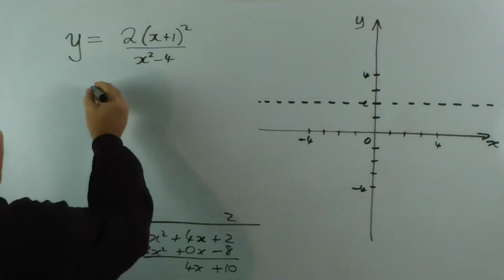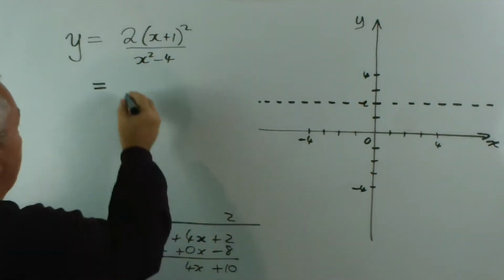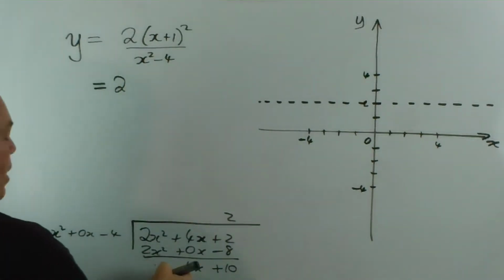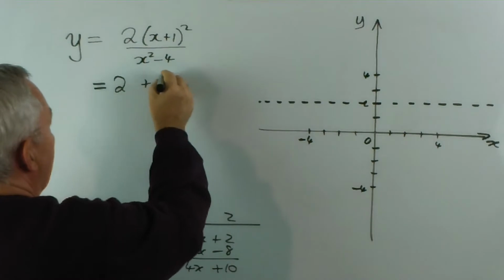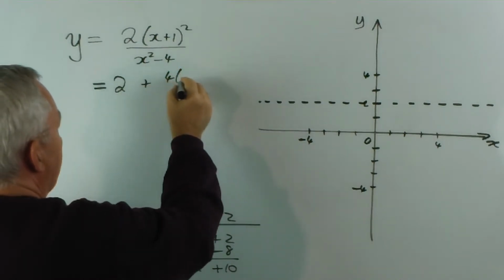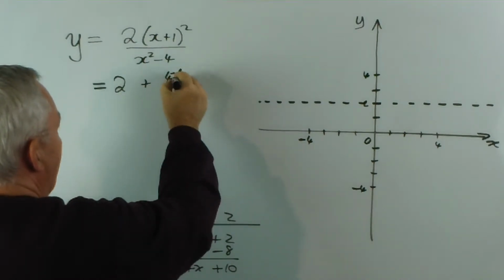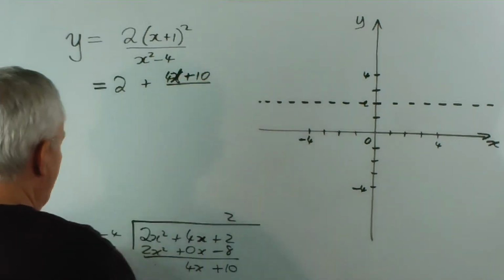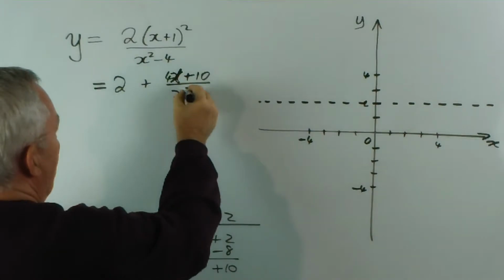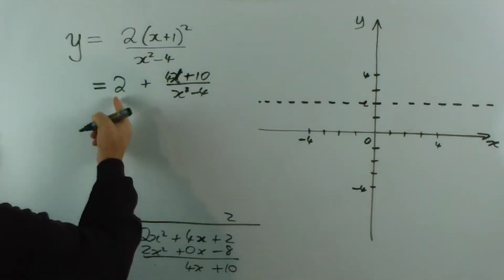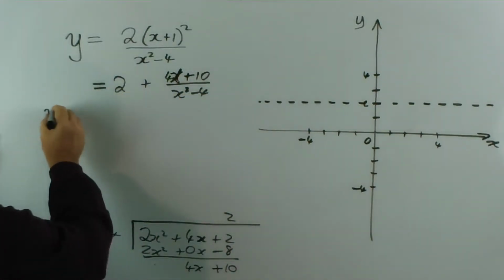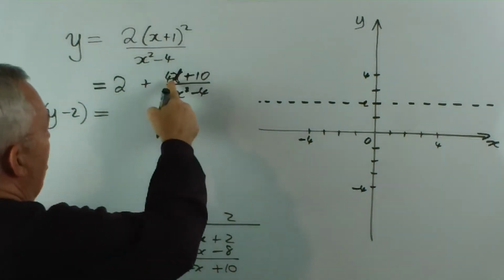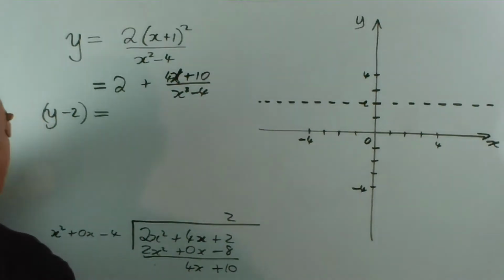So what have we got? y is worth 2. So that's confirmed our asymptote. And our remainder is 4x plus 10 all over x squared minus 4. Subtract 2 from both sides. Now I'm going to factorise the top.